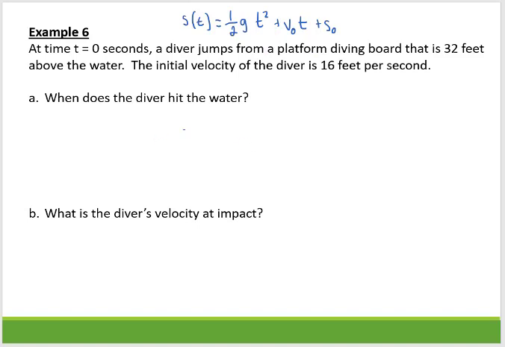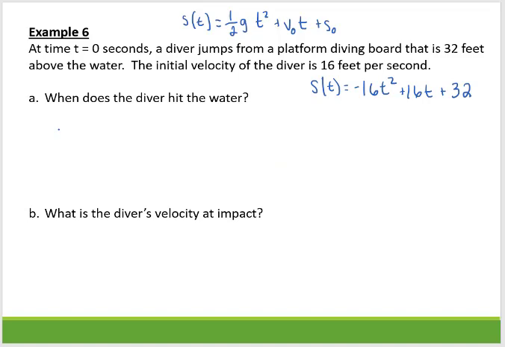So when does the diver hit the water? Well, let me first get my equation here. S of t, since I'm talking about feet per second, that's 32 times 1/2, which ends up being negative 16 t squared. My initial velocity is 16 t, and my initial height is 32.